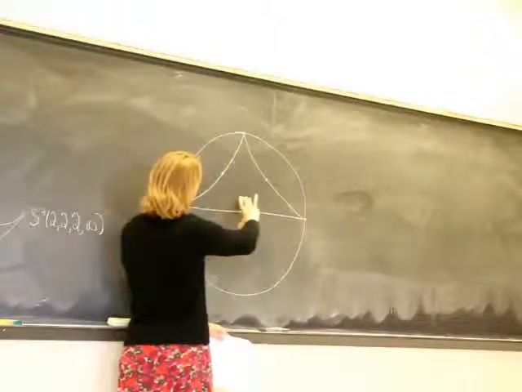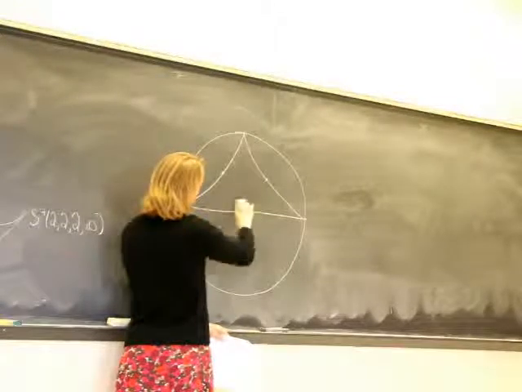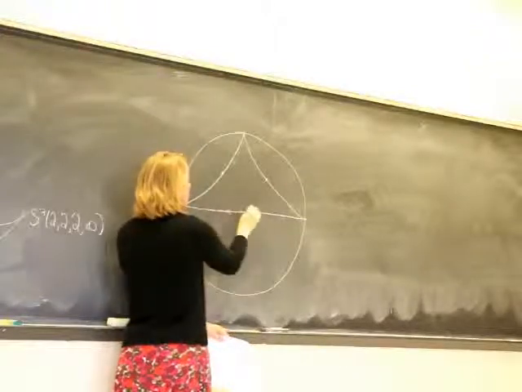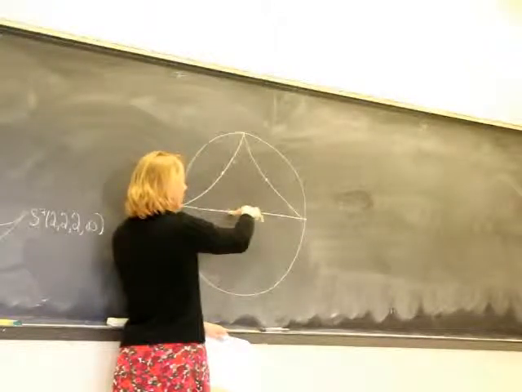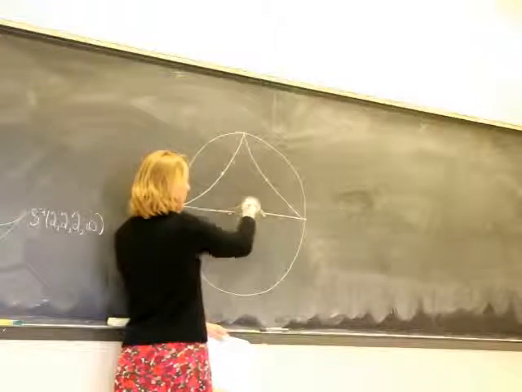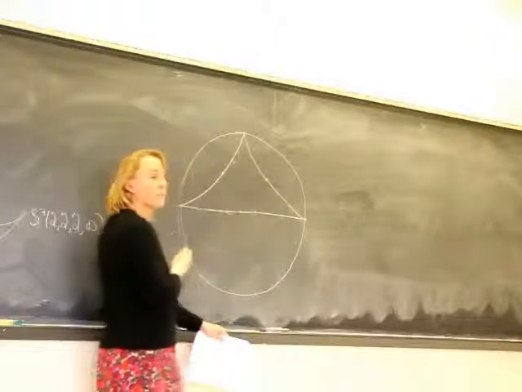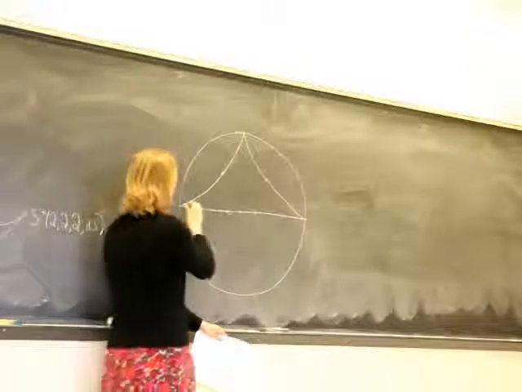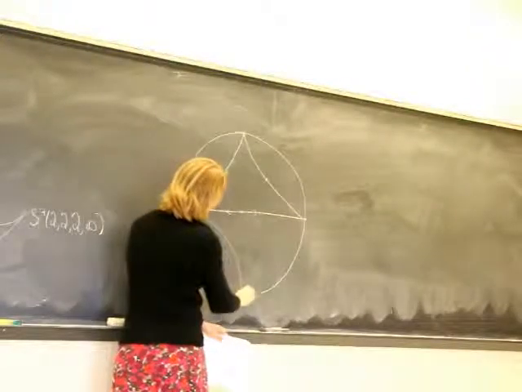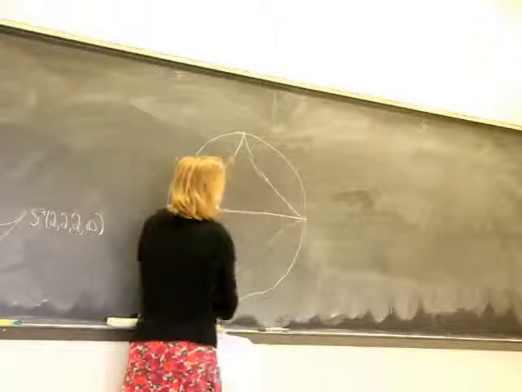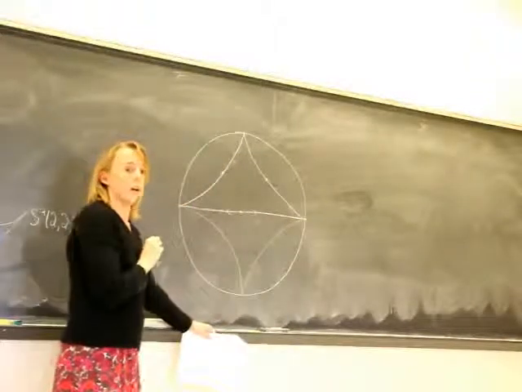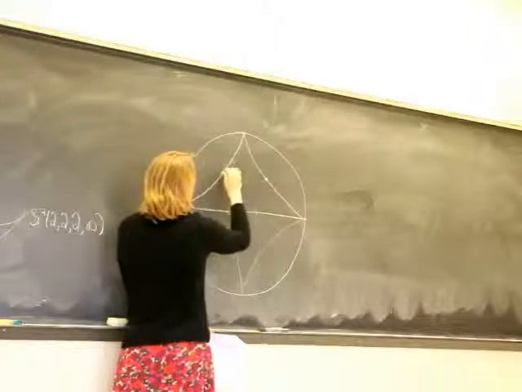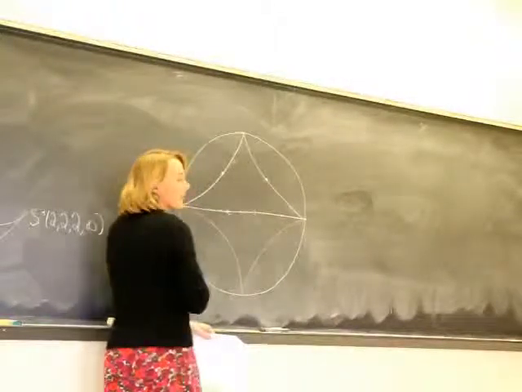I'm going to take the isometry of hyperbolic space that takes this geodesic to itself, takes this side to this side, so it's going to go like that, and it's going to flip everything, rotating by 180 degrees around this point. So that's going to move this fundamental domain down to here. And then I'm also going to take the 180-degree flip around this point and the 180-degree flip around that point.